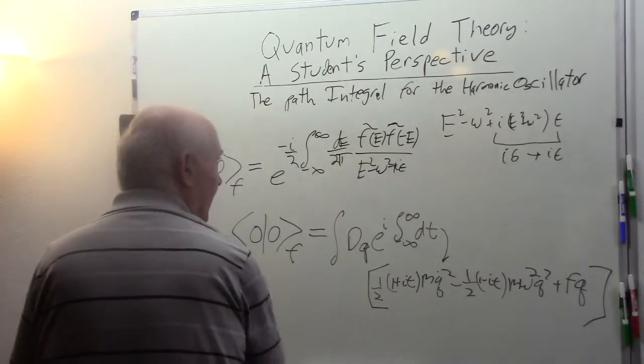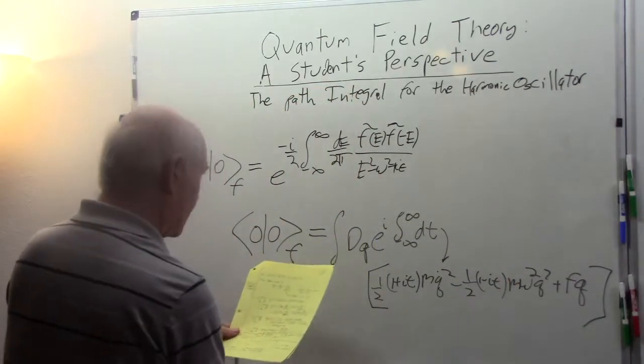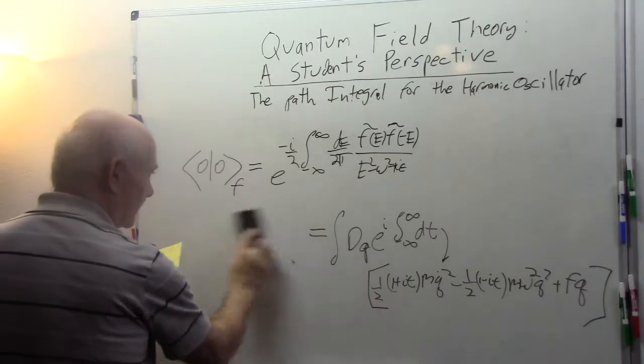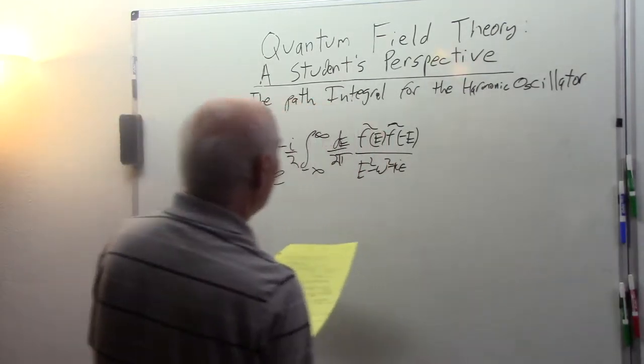And we don't need this anymore. Now I can erase this. We're just going to put the dq part here, only it's dx now because we changed variables.